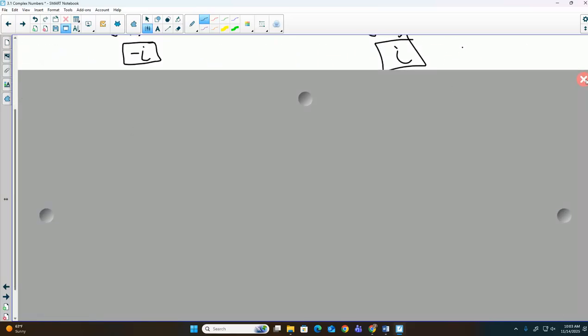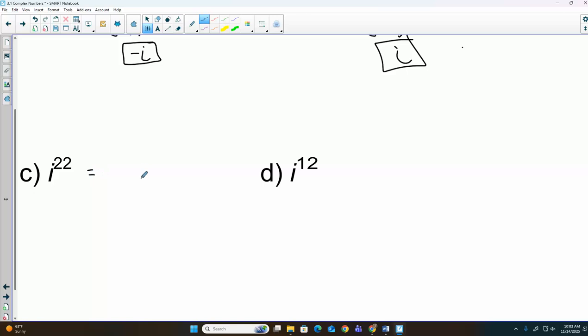If I said i to the 22nd, how would we rewrite that? i squared to the 11. i squared is negative 1. If you have negative 1 11 times, is your answer positive or negative? Negative.